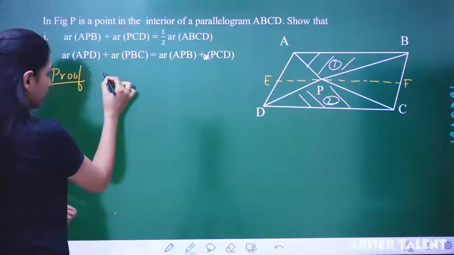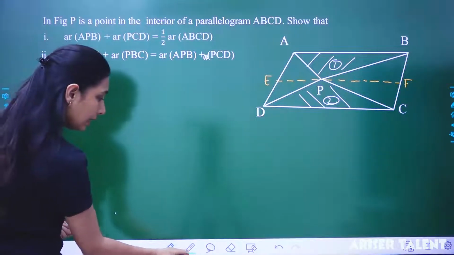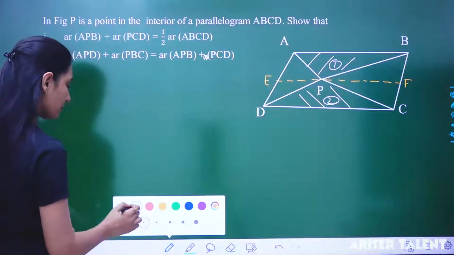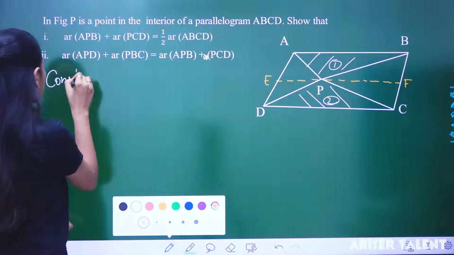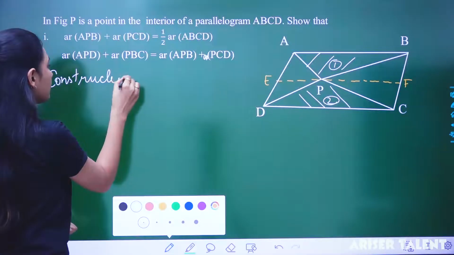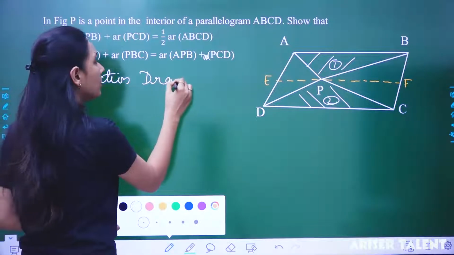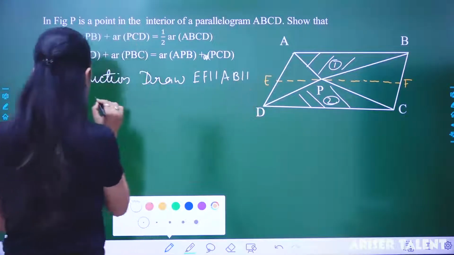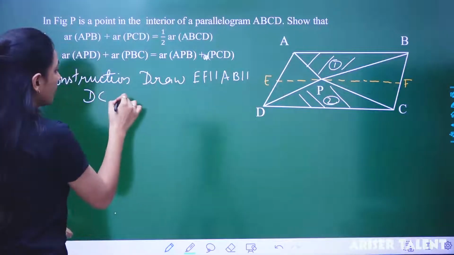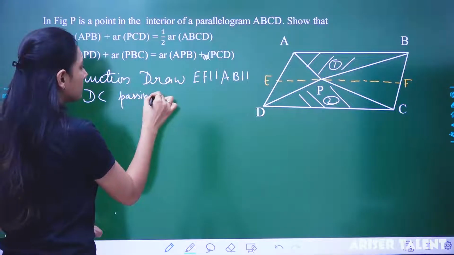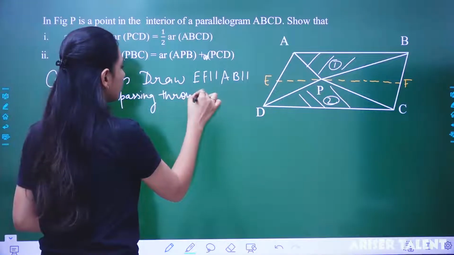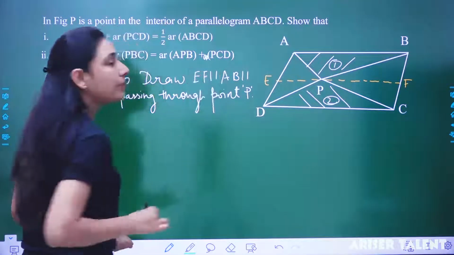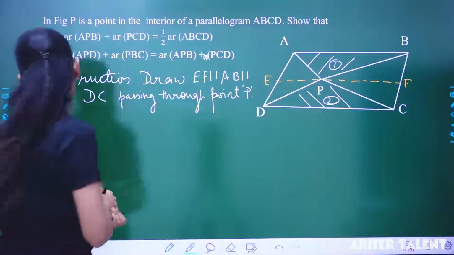Now, before the proof, let us write the construction here. Draw EF parallel to AB parallel to DC, passing through point P. Okay, right.